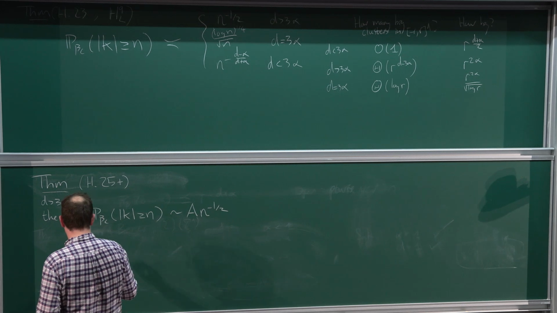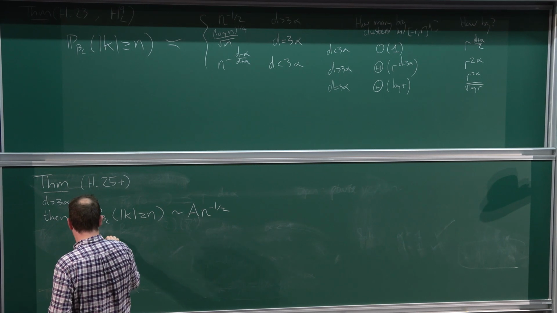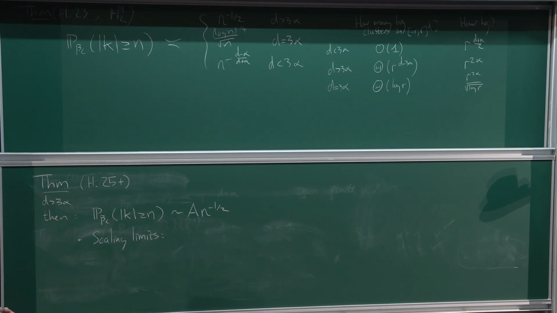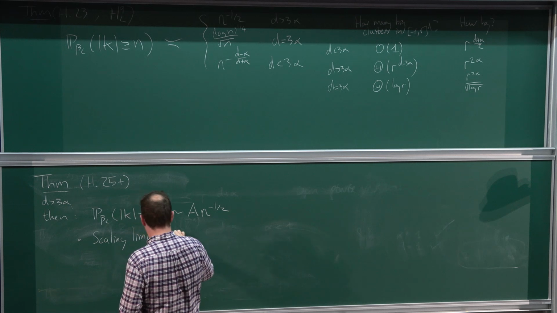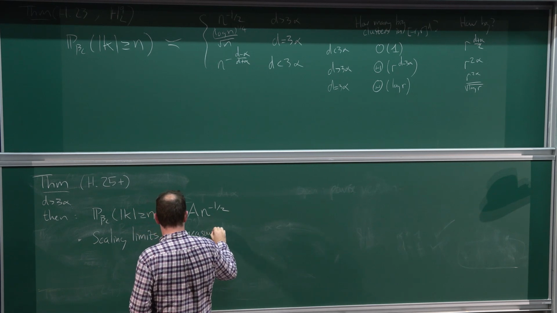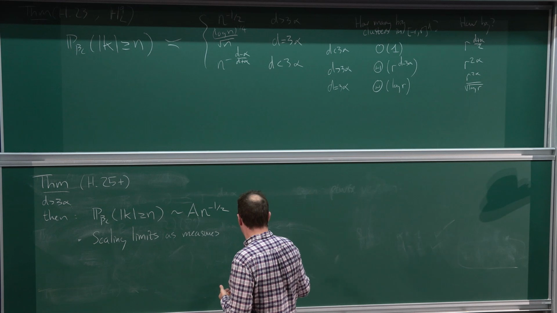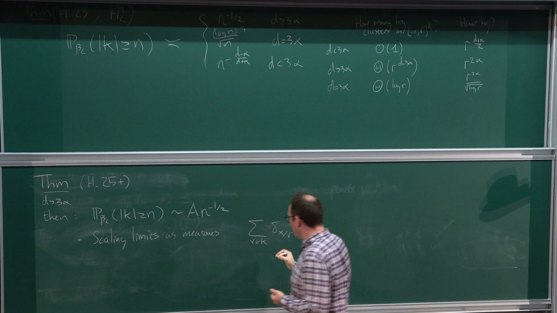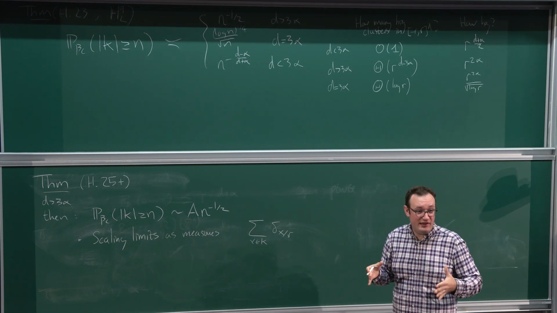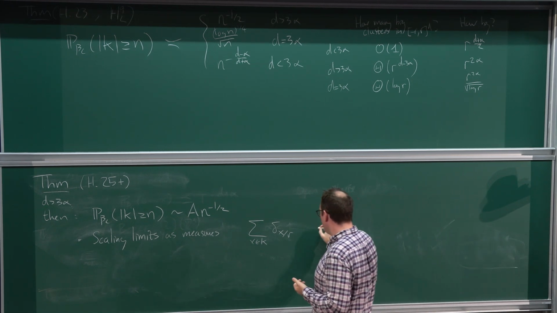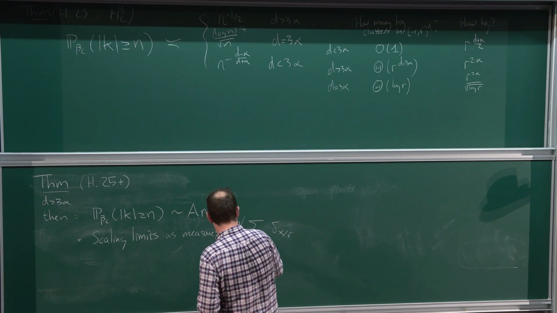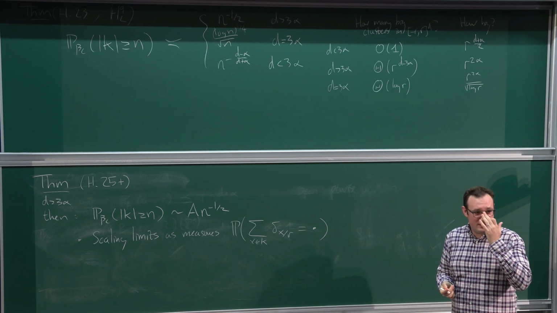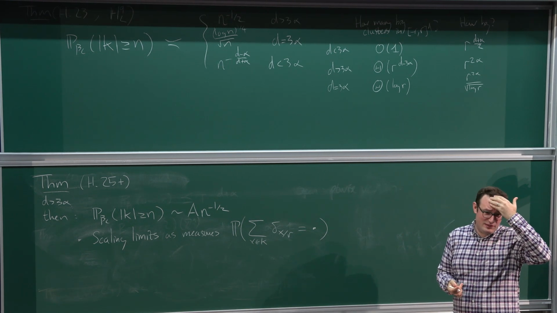The second thing is that you get scaling limits, as measures. So if you look at the cluster of the origin, and you look at the sum of all these counting measures where you scale everything, then this converges to the law of this. So actually it turns out the best way to think about scaling limits of this kind of thing is to not use probability measures.